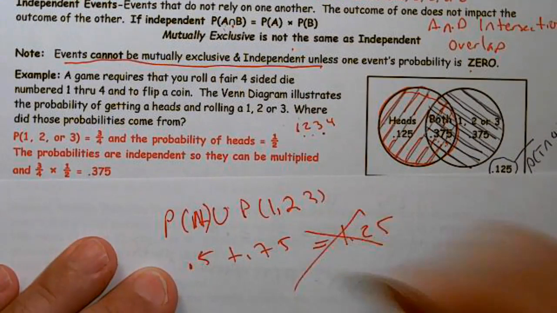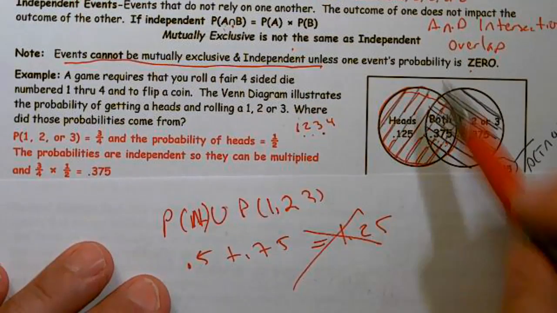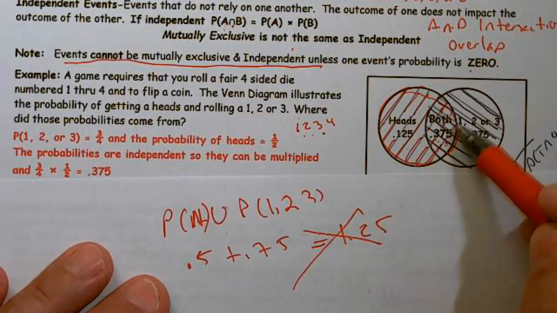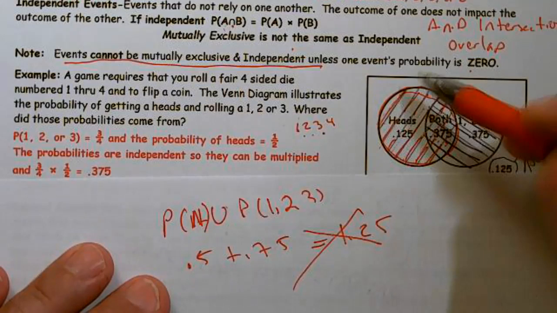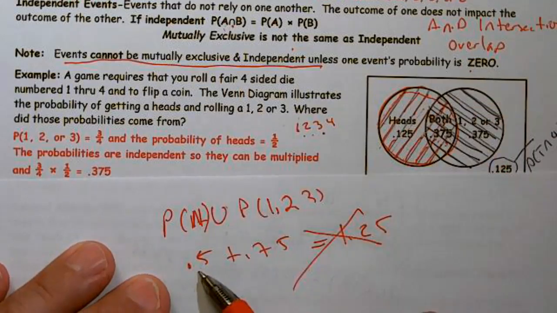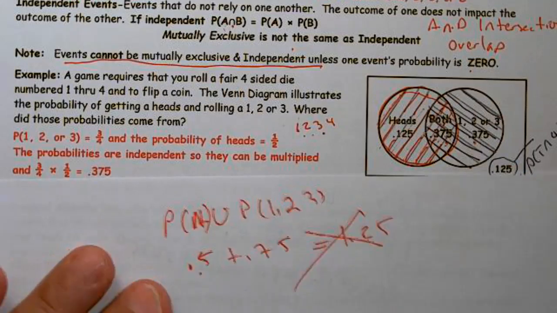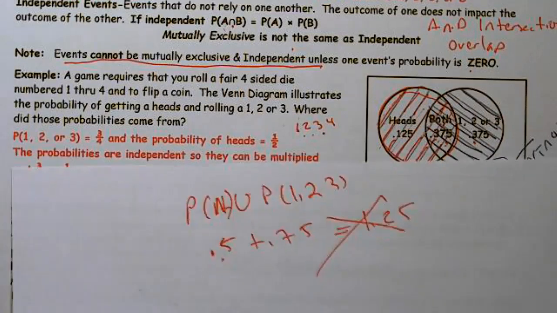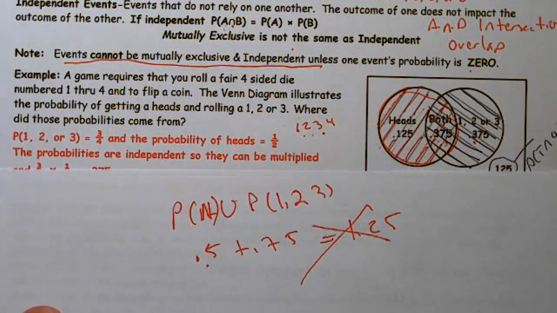So something is wrong. And there is something wrong, because look, they share that 0.375. So essentially the 0.375 got counted with the heads, and it got counted with the 1, 2, and 3. So I have to only count it once. Since it got counted twice, I'm going to have to subtract it out.